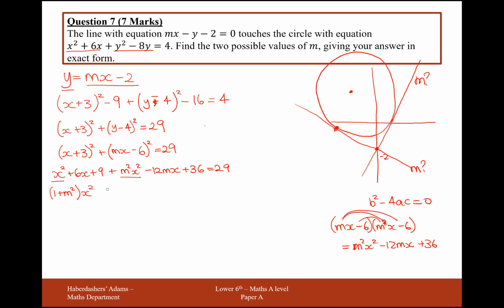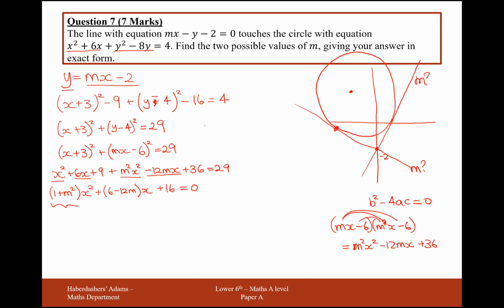The next part is going to be plus, and I'm going to be looking at the x components now. So that's going to be plus (6 minus 12m) lots of x. I've factorised out the x there, and I've got the other terms inside the bracket. And then I'll group everything together. 9 plus the 36, take away the 29, and I get plus 16 equals 0.